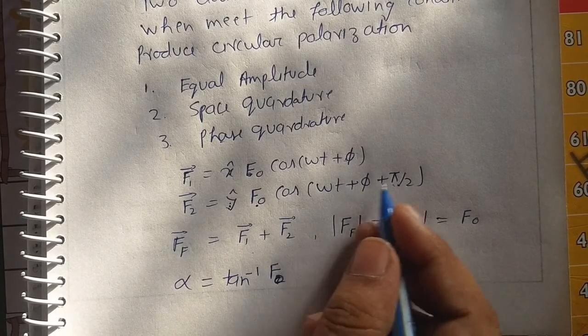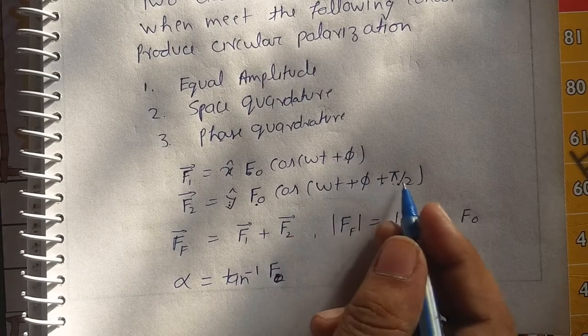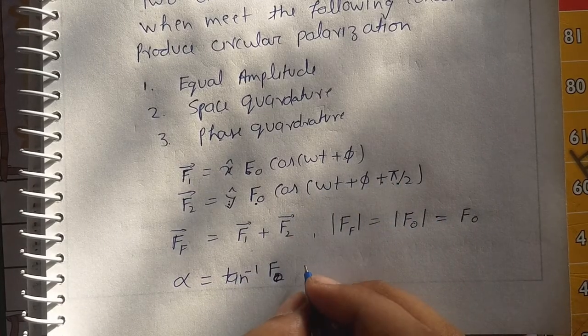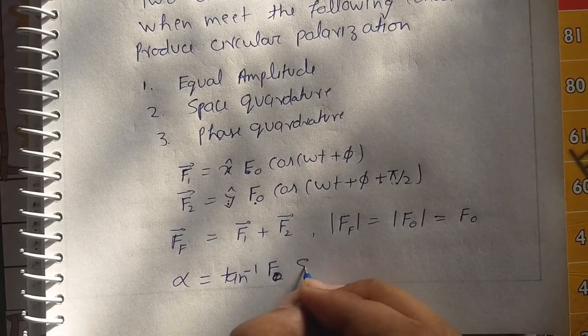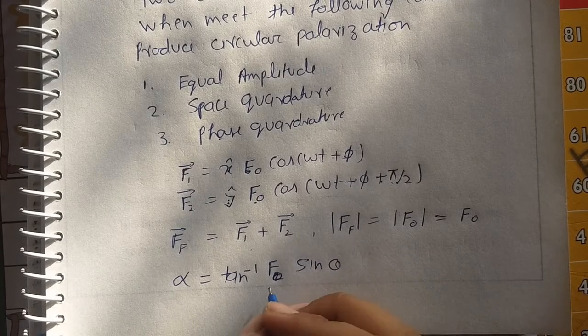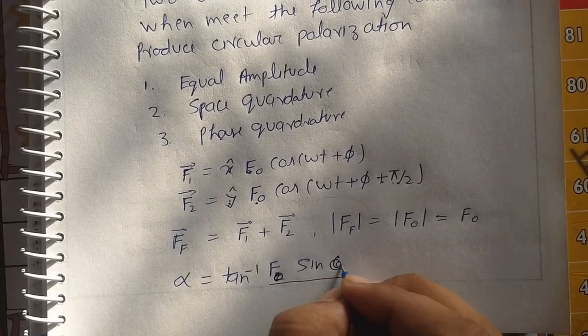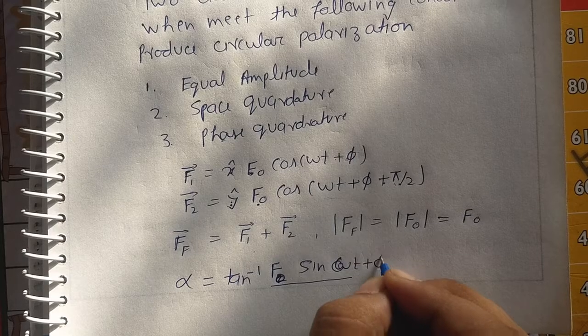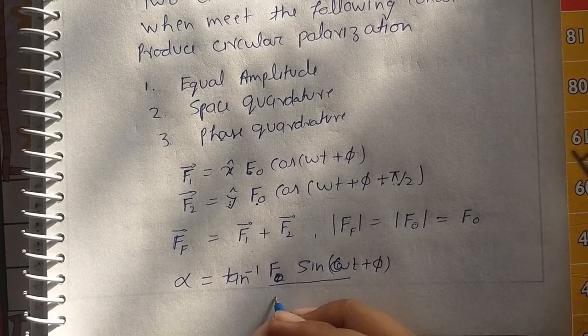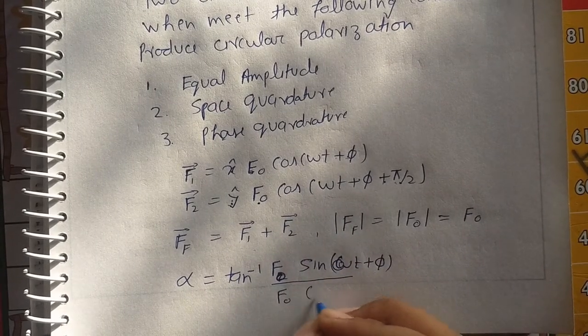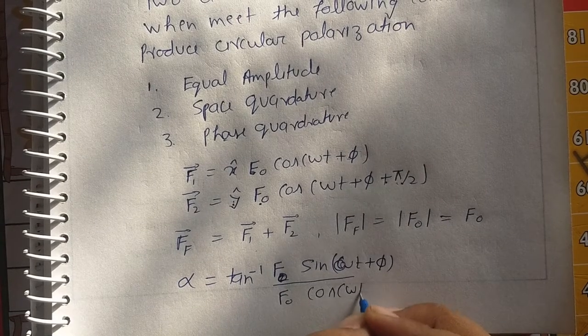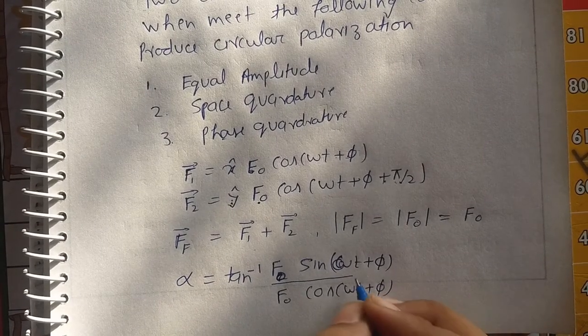So cos(90 plus theta) is equal to minus sin theta, so sin(omega t plus phi), and F naught cos(omega t plus phi).